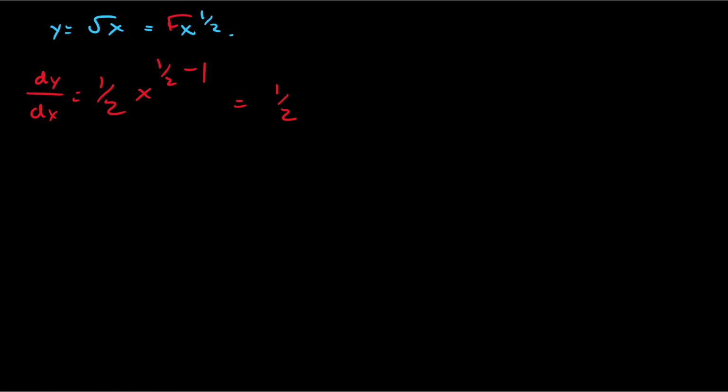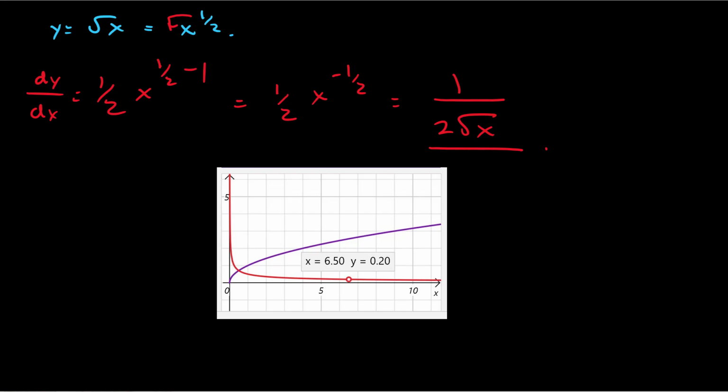So we'll have 1/2 x, 1/2 minus 1 is minus 1/2, or we can rewrite this as 1/2 over the square root of x. Let us graph that and take a look at what it looks like. We have our function y equals square root of x here, and then we have our derivative dy by dx, which is 1 over 2 root x here.